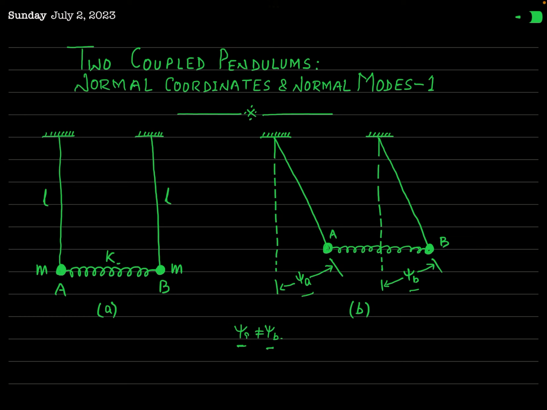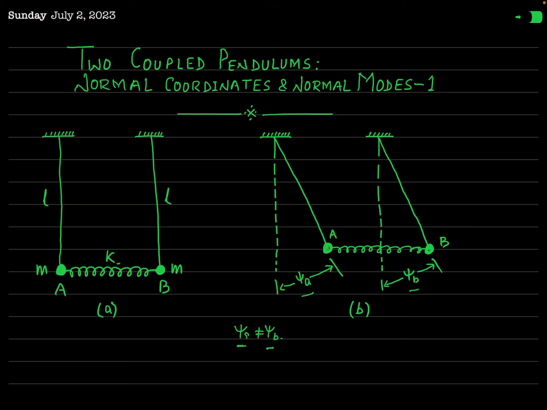In the second part, which we will see in the next lecture, you will see the concept of normal coordinates and normal modes. But in this lecture we will only see the equation of motion and how that equation can be solved, what we will have to do for that.